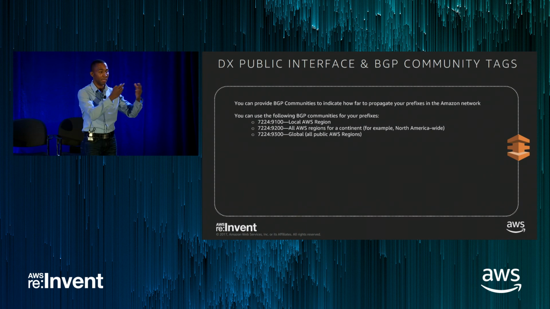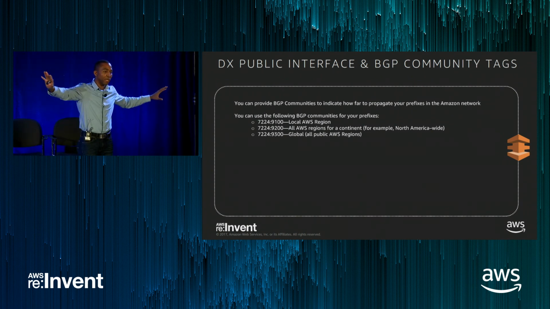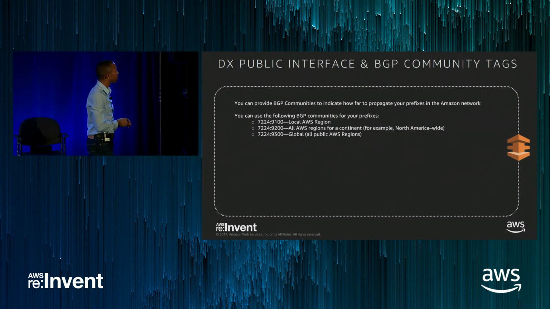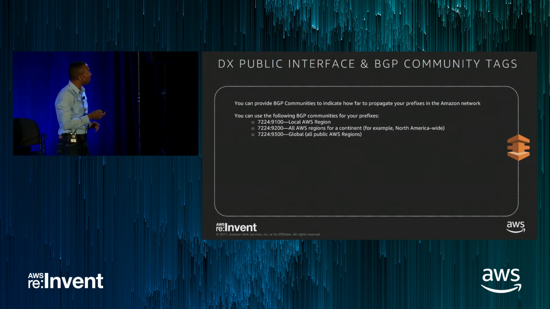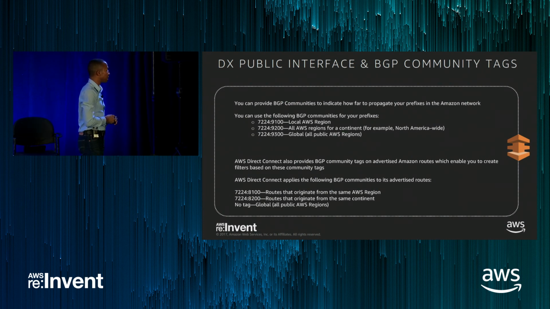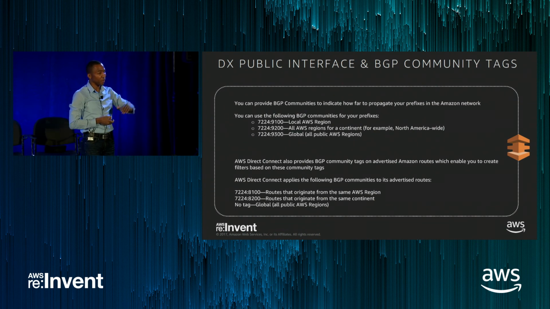We can advertise it within a single region, or we can take that advertisement and issue it out to all AWS regions. You do that by specifying these tags, like 7224:9100. But we also advertise our routes with BGP community tags for you, so you can filter the routes coming into your network.